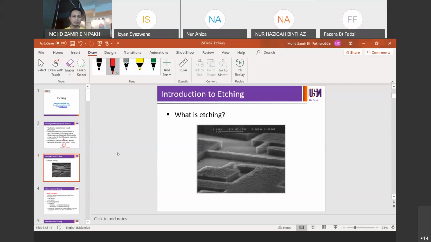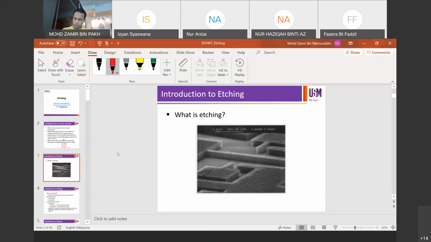So anyone with experience on etching in your FYP? On etching last time, except my students, Shamim and Liana work on inverted pyramids by etching.